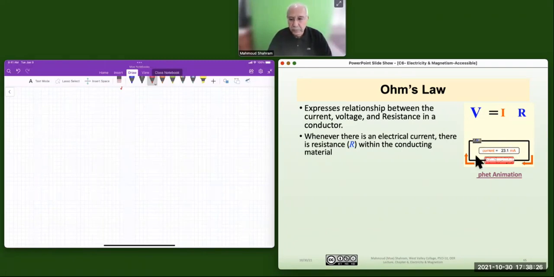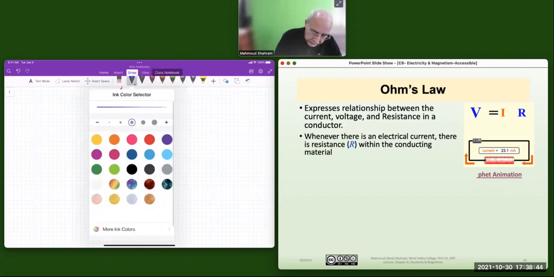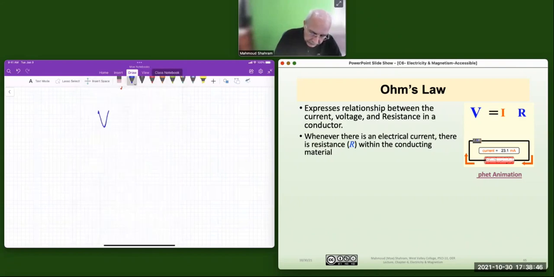So if you know what the current is and what the resistance is, you can know what the voltage is across that potential. Or if you know what voltage is and what current is, you can find the resistance. You have all these three options here. So V is equal to IR.